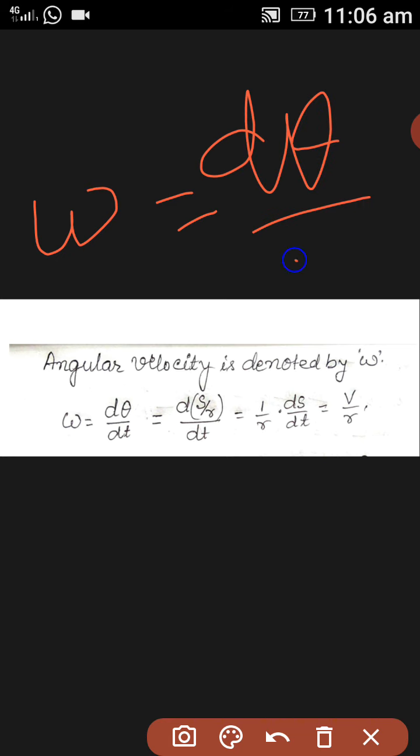As we have already seen, omega is equal to d theta by dt here. But theta is s by r. S is the linear displacement and r is the radius of the circular path.